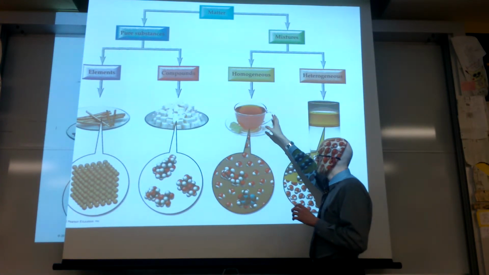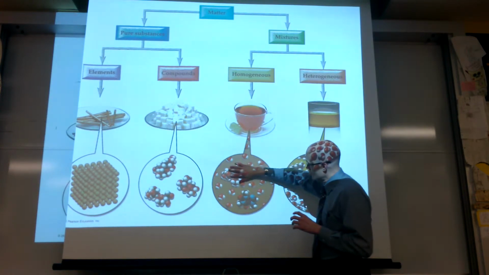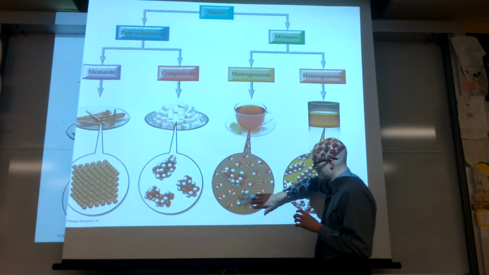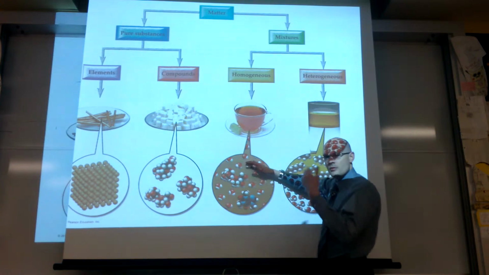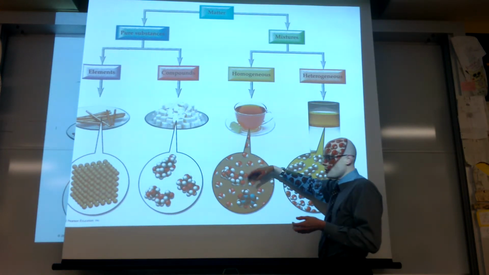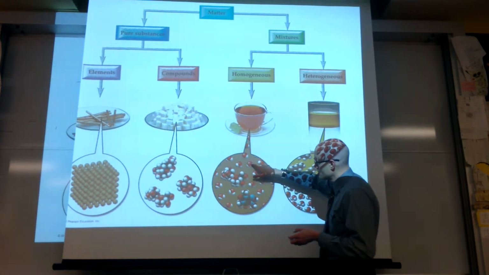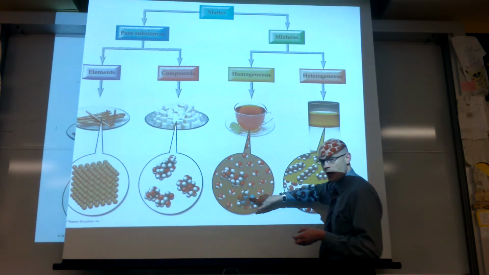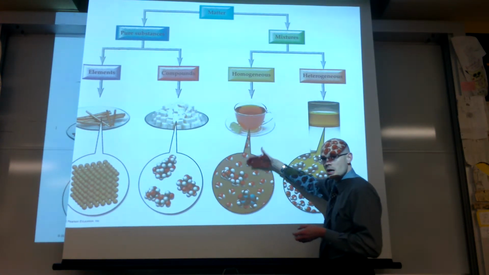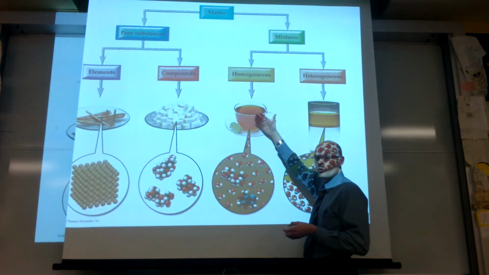The water molecules, the sugar molecules, and this is a caffeine molecule have been stirred together. They're not chemically bonded. The sugar is not chemically bonded to the water molecules, nor the caffeine molecule. They are just mixed together, but it's a uniform composition.